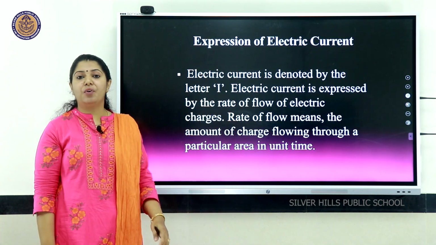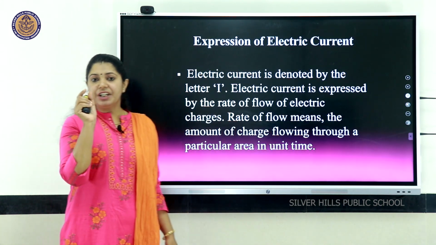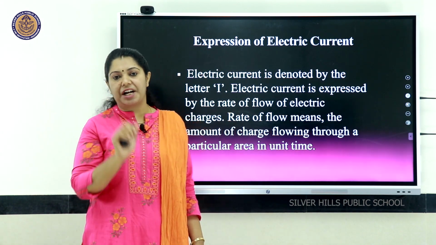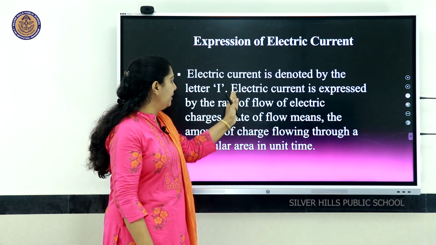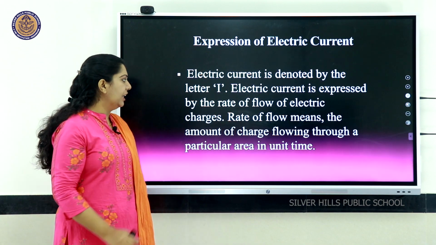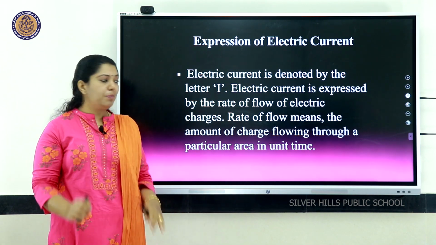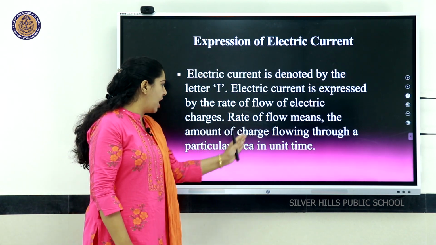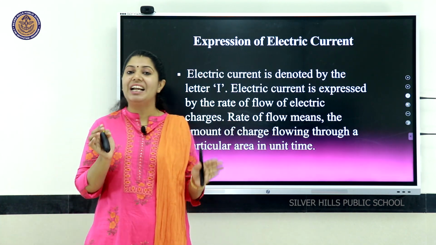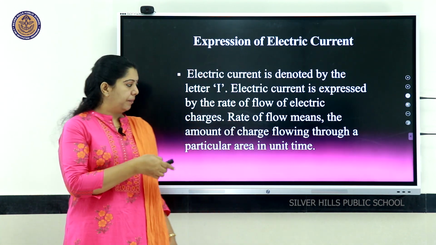Now, the expression for electric current. Electric current is denoted by the letter I, and it is expressed as the rate of flow of electric charges. Rate of flow means the amount of charge flowing through a particular area in unit time.